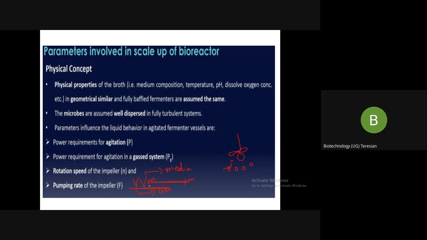So now you all know that there are different types of reactors and different types of agitators, and for different types of agitators there are different Reynolds numbers. Reynolds is the name of a person. Reynolds number, R-E-Y-N-O-L-D-S.